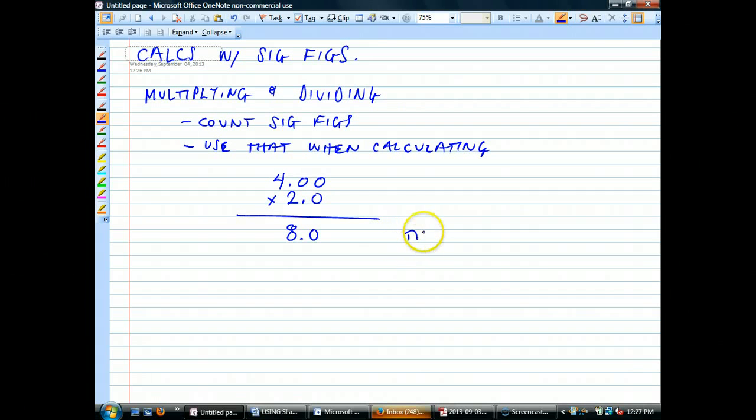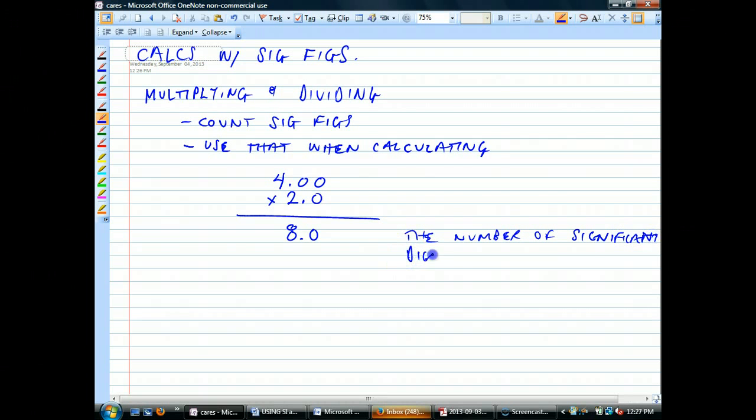So the number of significant digits in your answer is limited by the data point with the fewest significant digits.